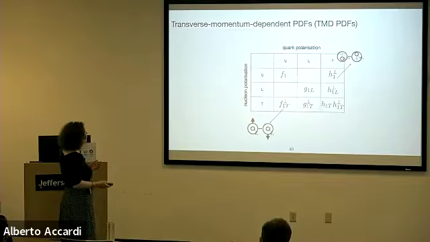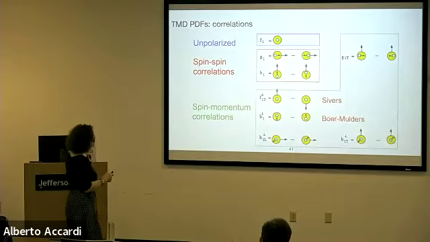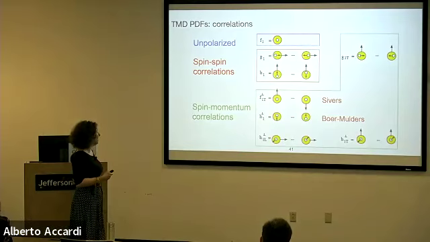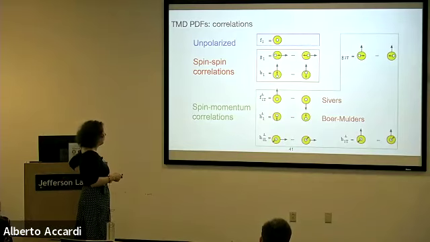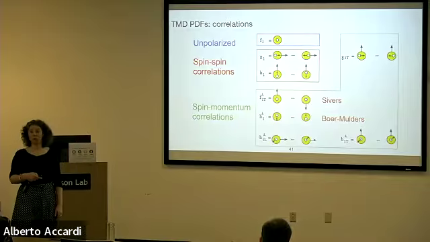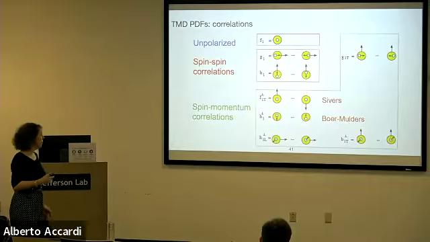So really, by looking at different types of distributions, you can either probe spin-spin correlations, as we did with the helicity distributions, or you can probe correlations between the transverse momentum of your parton and the spin of your nucleon, or the transverse momentum of your parton and the spin of your parton. Okay, so there are really different types of distributions that you can access.